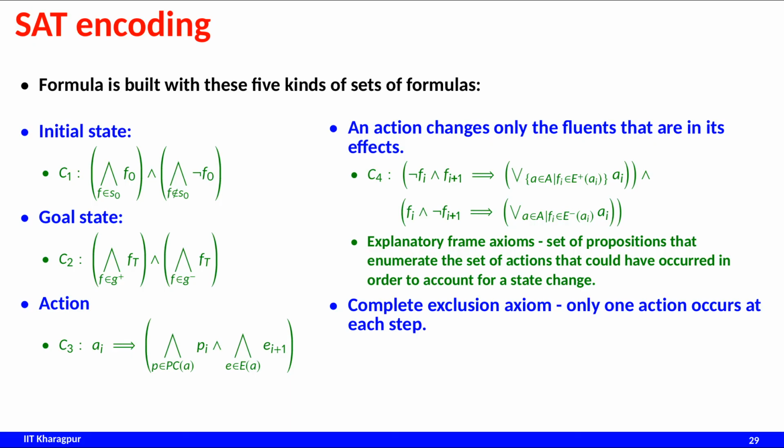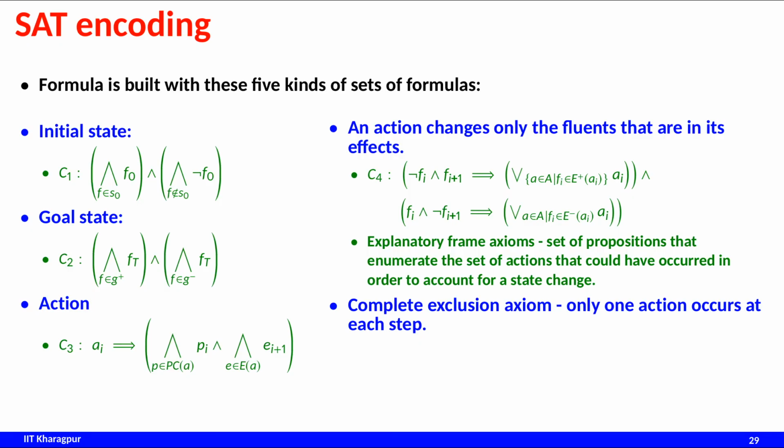But here we enforce complete exclusion, a strong condition that only one action can occur at each time step, which is theoretically fine. The number of steps in my solution may increase, but if a solution exists, we will be able to figure it out.